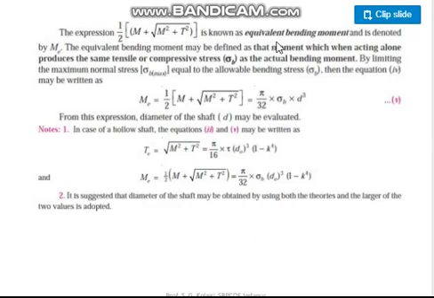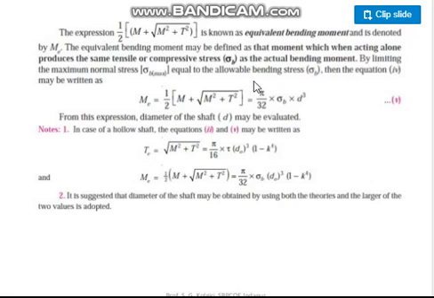Like we have the equivalent twisting moment, we have the equivalent bending moment. This equivalent bending moment is equal to half of M plus square root of M square plus T square, and this is equal to pi by 32 sigma b d cube.